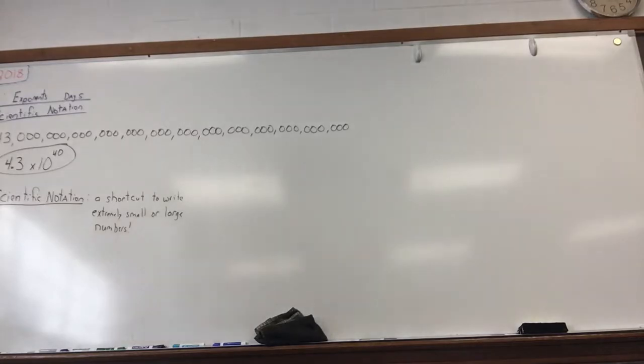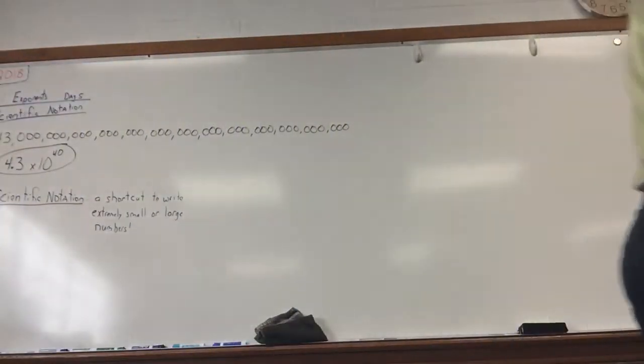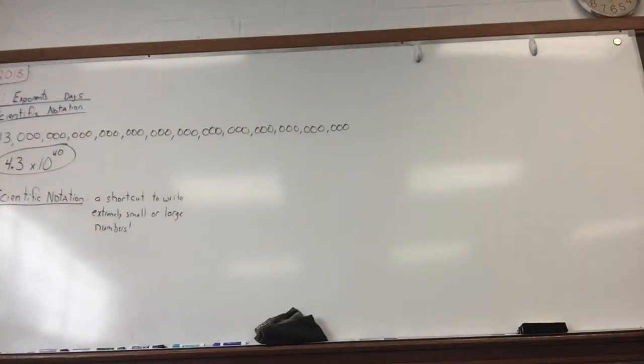In science class, you may have learned about cells, like bacteria, like all those kind of things with DNA, yeah? Can you see your cells? No, they're really, really, really small, right? We can't even measure them in inches.